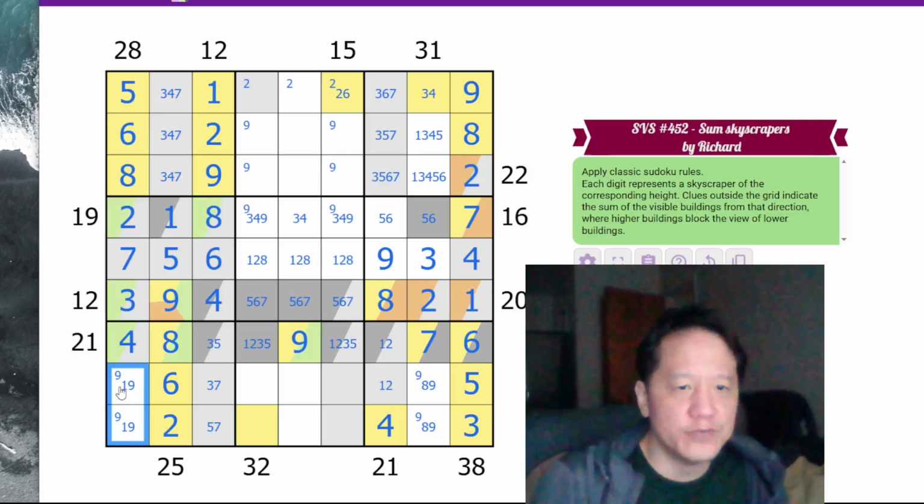So it sees one of these and it doesn't see the other one. These are seen here. These are not seen in either case. This is not seen in either case in the row. This is not seen because it can't be 9 in column 6.